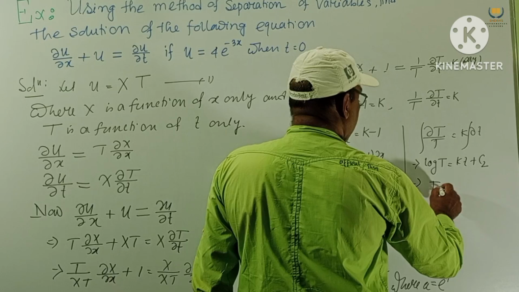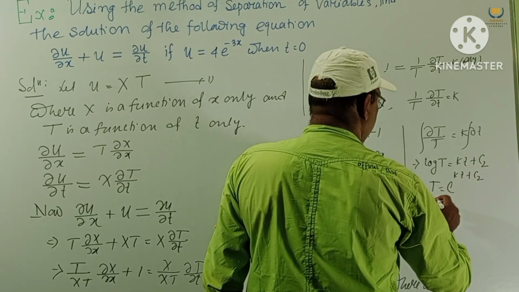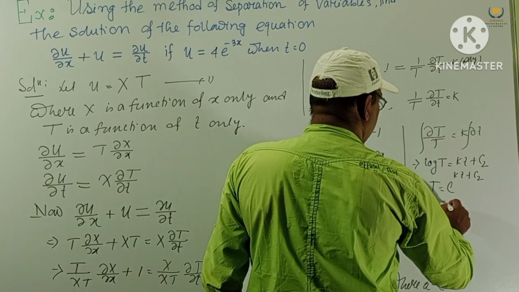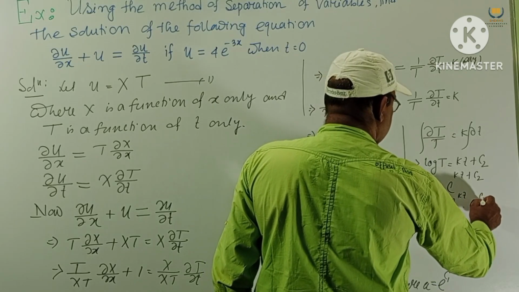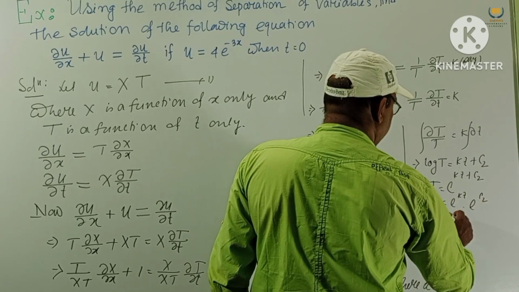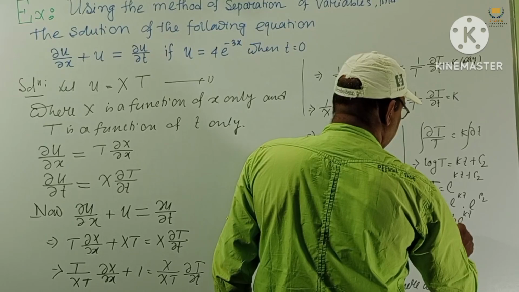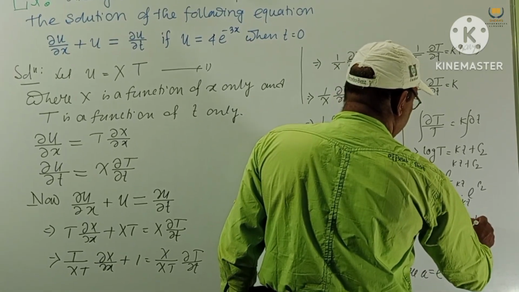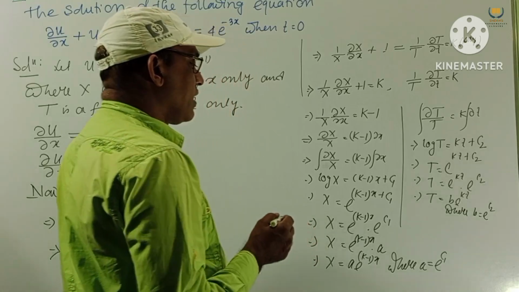Then T = e^(kt + c2) and T = e^(kt) e^(c2). Then T = b e^(kt), where b = e^(c2). So we get this one.